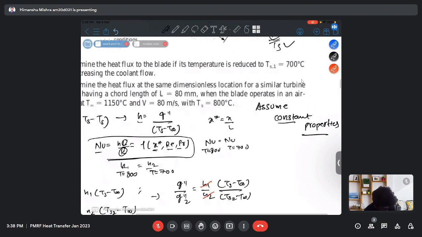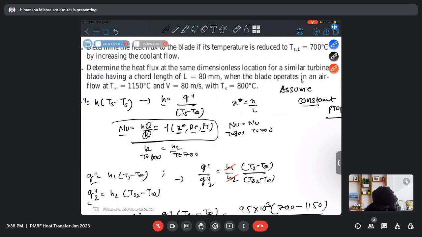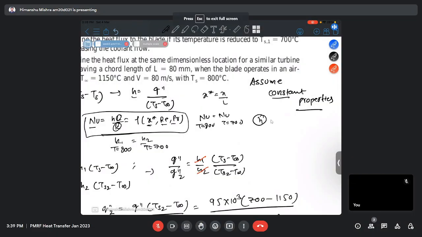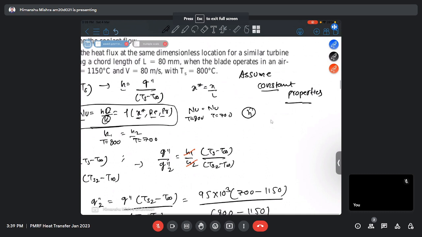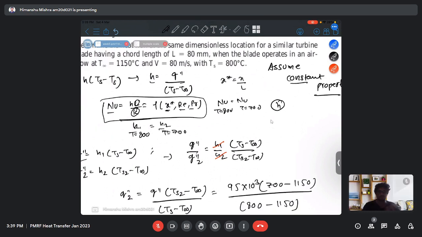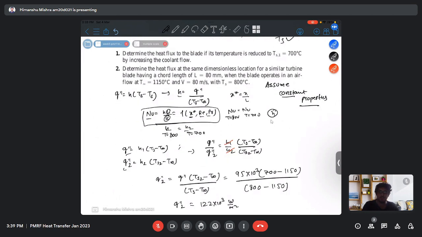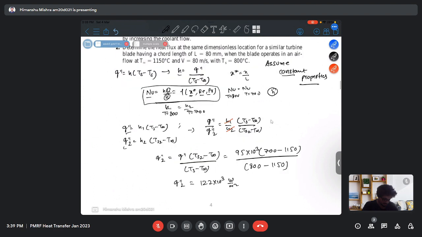So in that case, k will be a constant, and we need to find whether h is changing due to the geometric and flow properties. So here in this case, the h remains unchanged. Yeah, so we will need to assume this property for now, because otherwise if k is a function of temperature, then since we have no data about the thermal conductivity, it is difficult to define the modified heat transfer coefficient here.